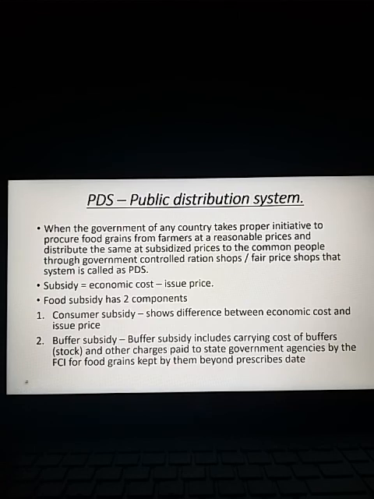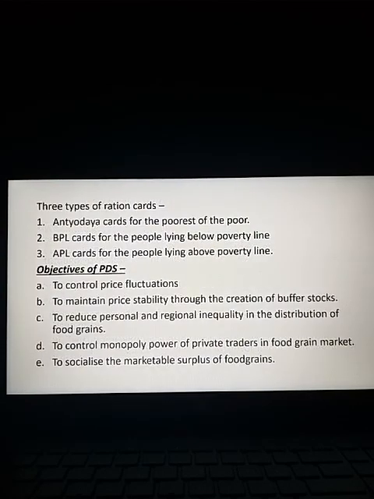Let us move on to the next slide and try to understand some more concepts related to PDS. In fact, I was telling you about ration cards. The ration cards issued by the government are of three types. One, Antyodaya cards. Two, BPL cards. Three, APL cards.